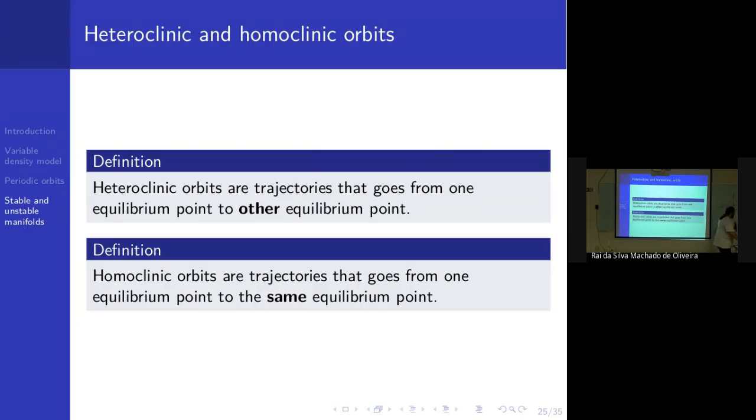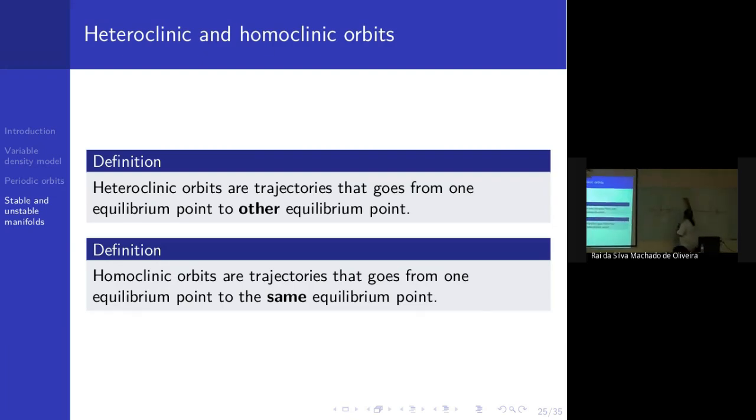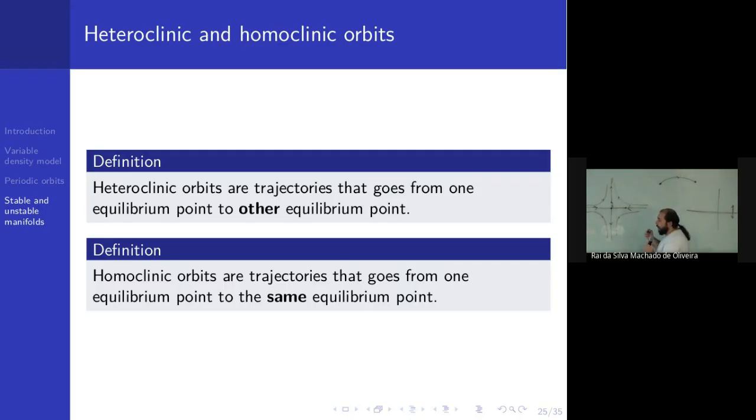So they are something like this. You have two equilibrium points, 1, 2, and the orbit does something like that. Okay. We can also have homoclinic orbits, which is the same, but for the same equilibrium point. So it starts in an equilibrium point and goes to the same equilibrium point. So this is a heteroclinic orbit, and this is a homoclinic orbit.